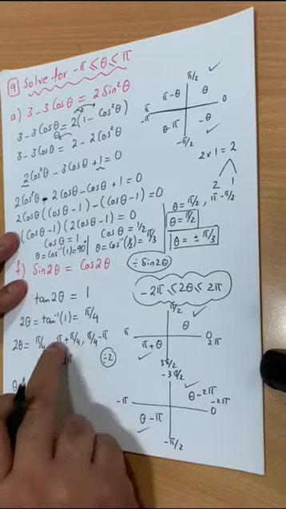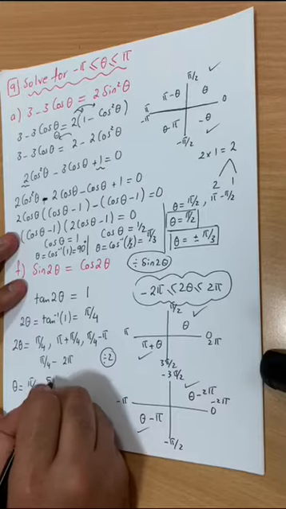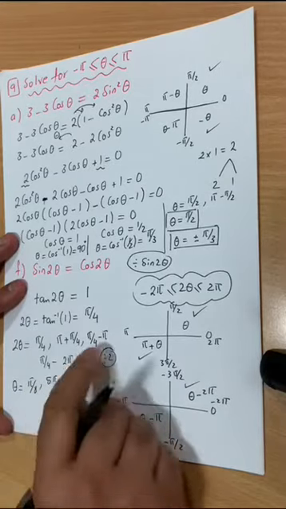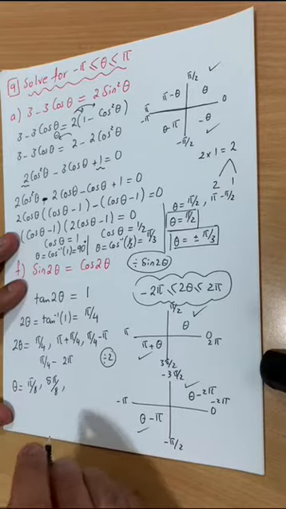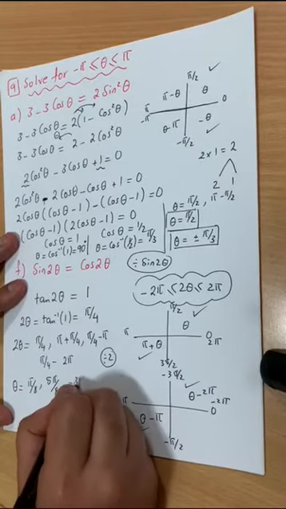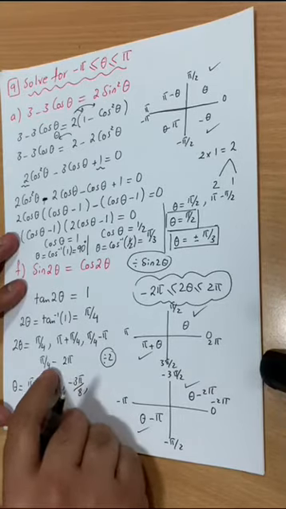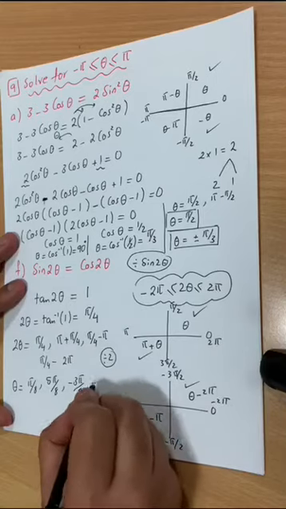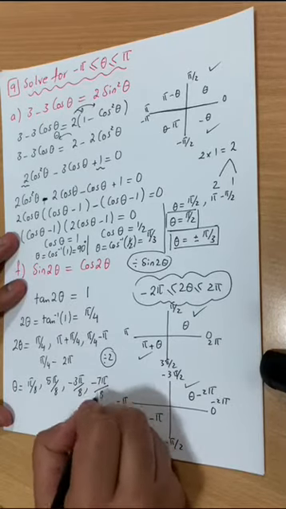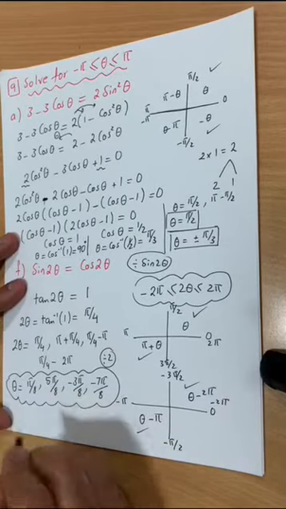Then pi plus pi over 4 is 5 pi over 4. When you divide that by 2, it's 5 pi over 8. Pi over 4 minus pi is negative 3 over 4 pi, so negative 3 pi over 8. And then the last one, pi over 4 minus 2 pi, is equal to negative 7 pi over 8 if you divide by 2.